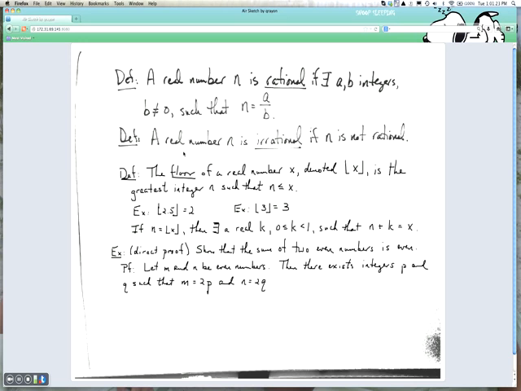You can't use the same integer for both, right? Because if you do, you're saying they're equal, and we're not making that assumption. Okay?